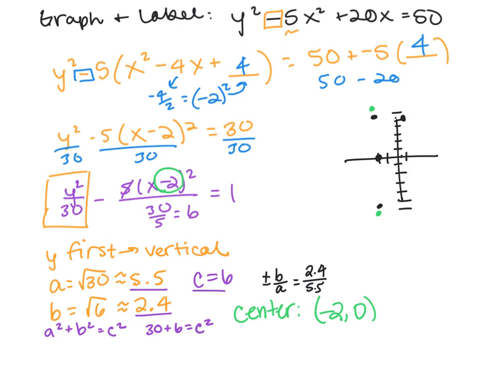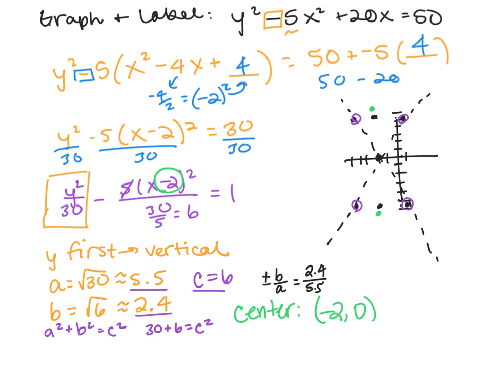Down 5.5 over 1, 2.5. There, and then there's one asymptote. The other asymptote up 5.5 over 2.4, down 5.5 over 2.4. And here's my other asymptote. So again, notice they kind of make a little box here. You can see a bit of a rectangle with how those play out.